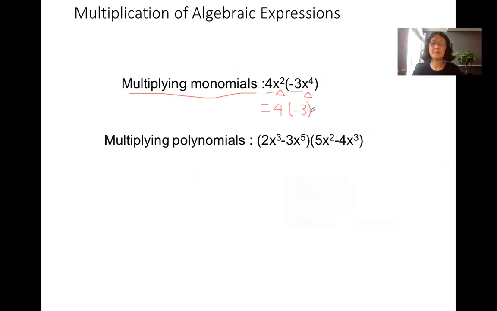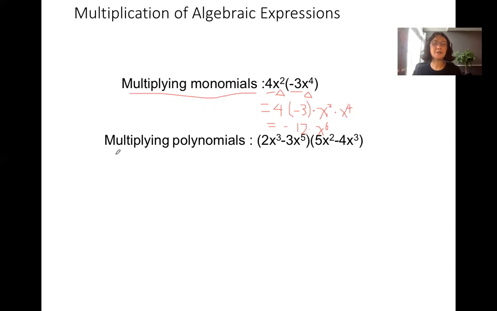So multiply by, usually I use dot, x squared, then multiply by x raised to power 4. And then you simplify this expression, becomes negative 12 multiplied by x raised to power 6. Okay.